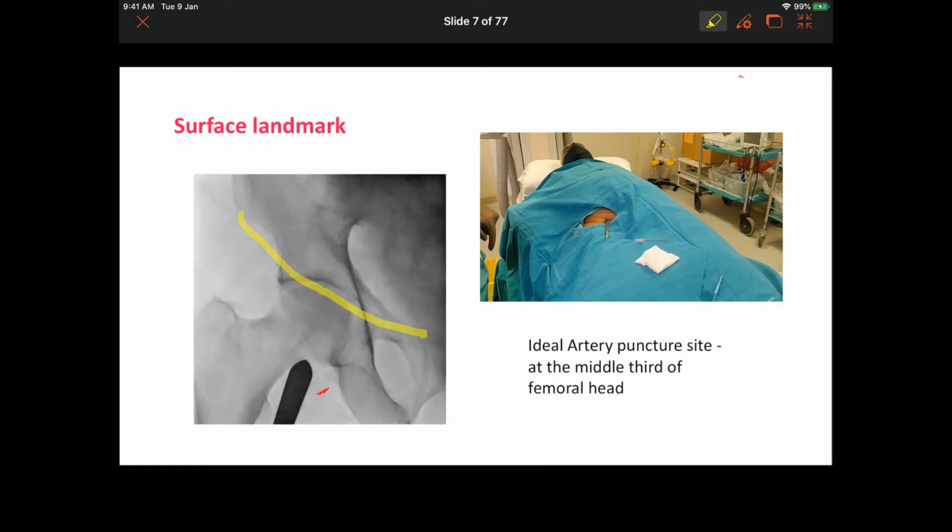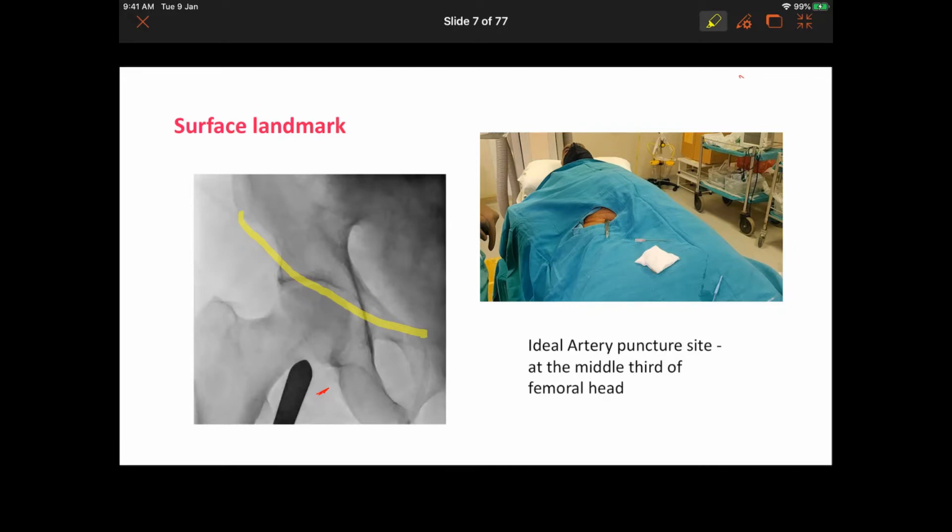So if you place your finger like this touching the inguinal ligament, and you puncture two fingers below, like this, this level will almost correspond to the inferior border of the head of femur.